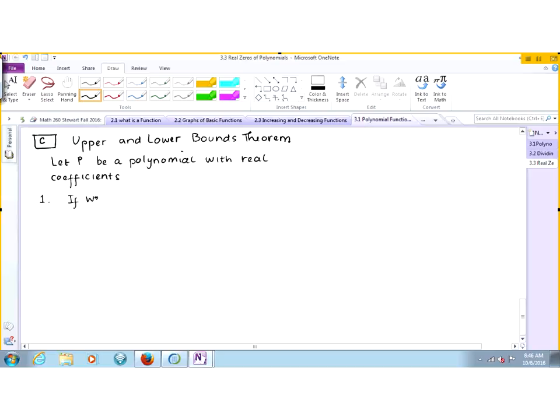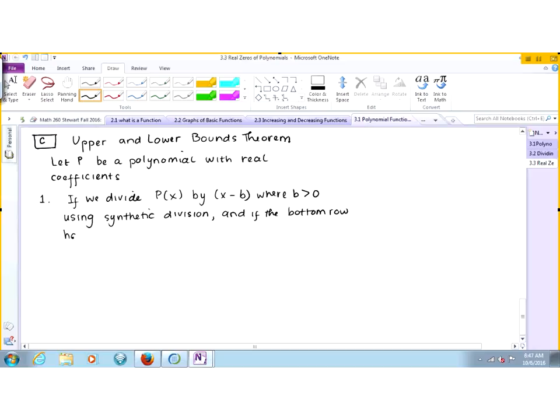If we divide P of x by x minus b using synthetic division, where b is greater than 0, and if the bottom row has no negative entries, then b is an upper bound for real zeros.